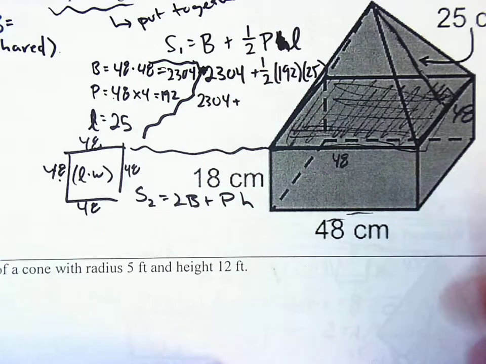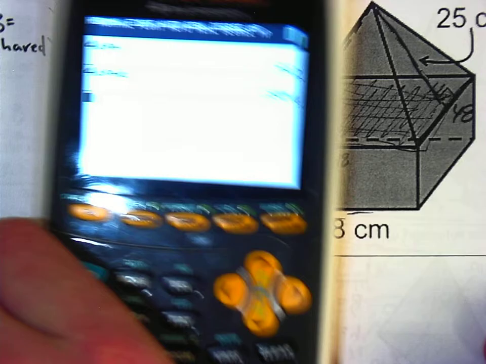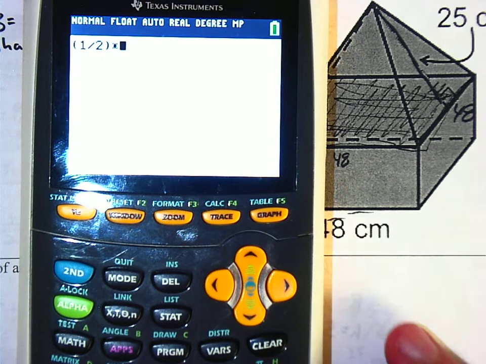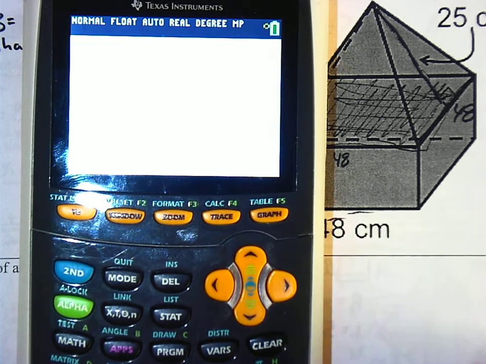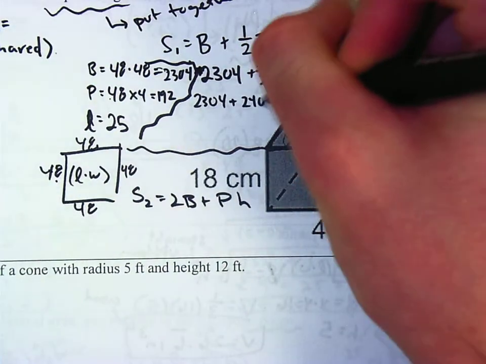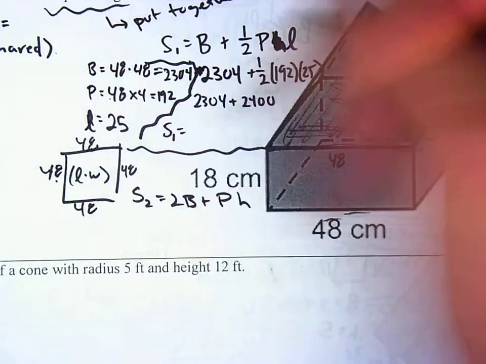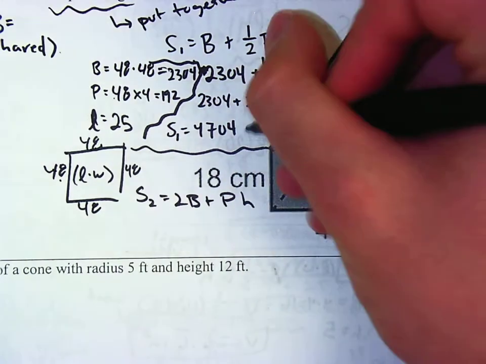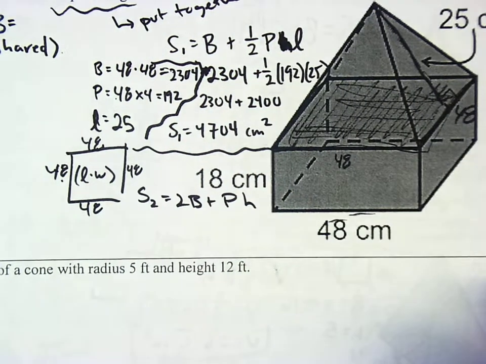I don't have to do that in my head. I can go to my calculator: 1/2 times 192 times 25 gives you 2,400. So plus 2,400, S1 is 4,704 centimeters squared.